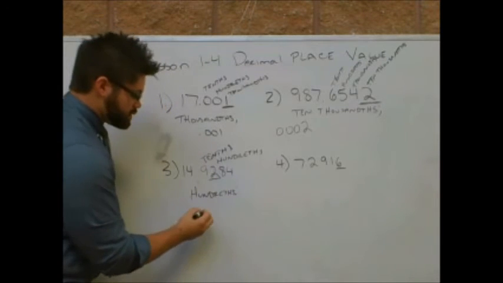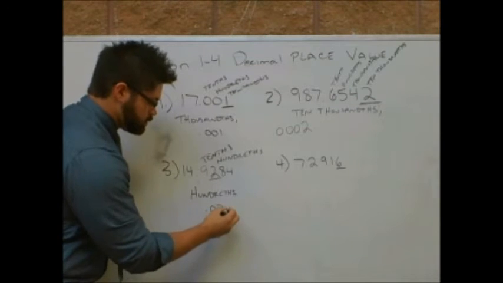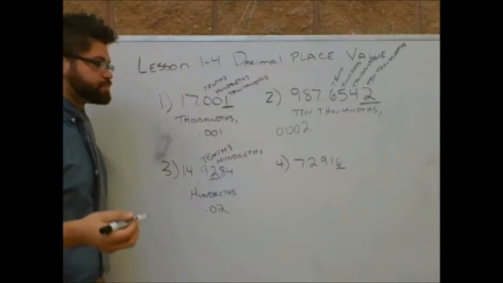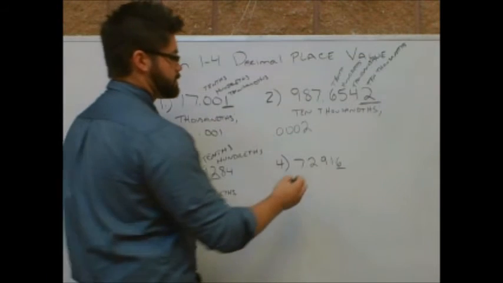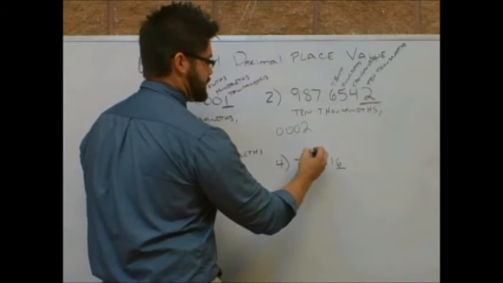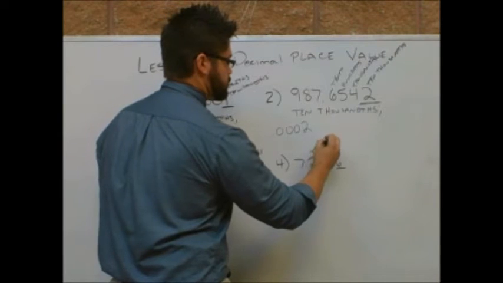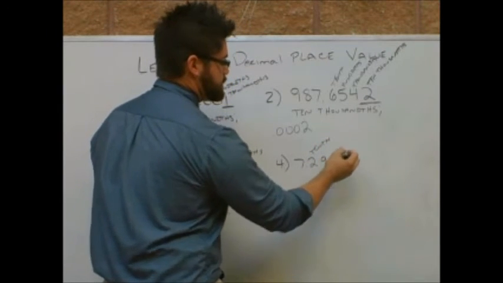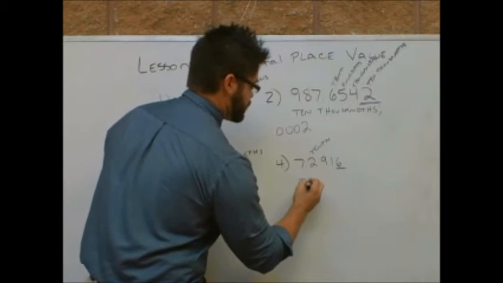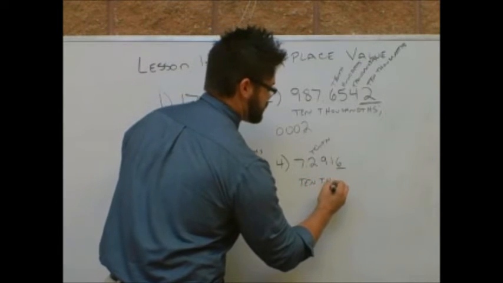And how much is it worth? It's worth 200ths. And our last one, number 4. We have our tenths, hundredths, thousandths, 10,000ths. So again, we're in the 10,000ths.